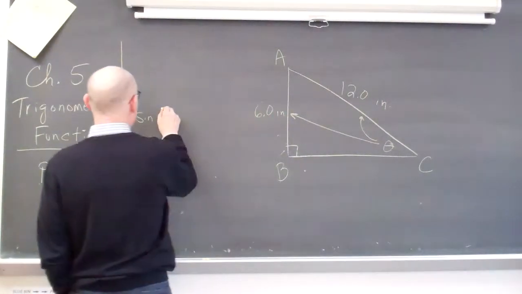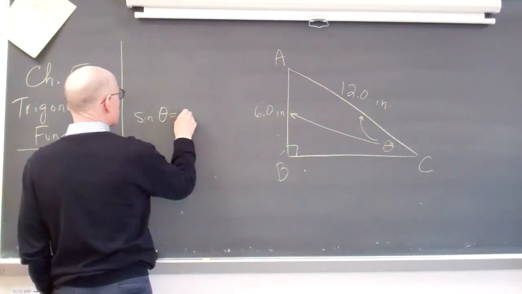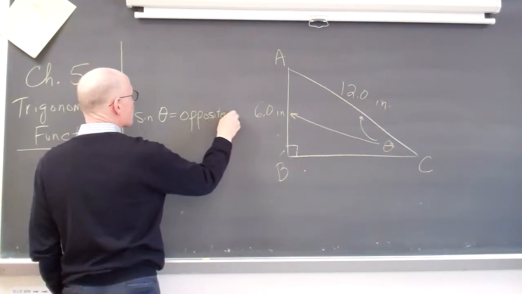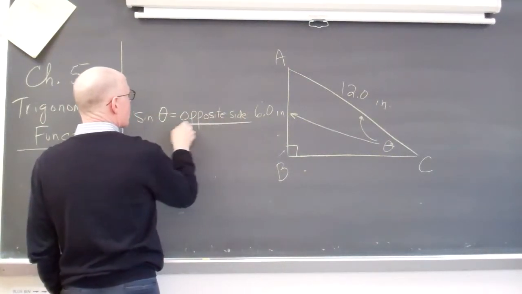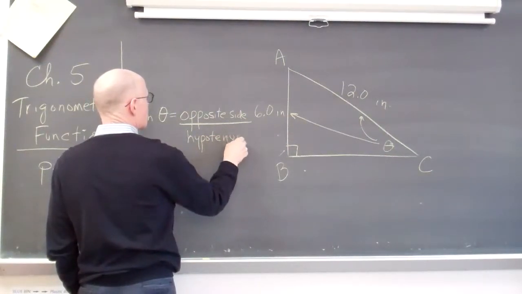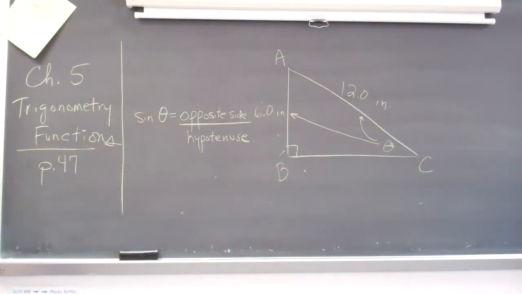So the sine of that angle is equal to the length of the opposite side compared to the length of the hypotenuse.